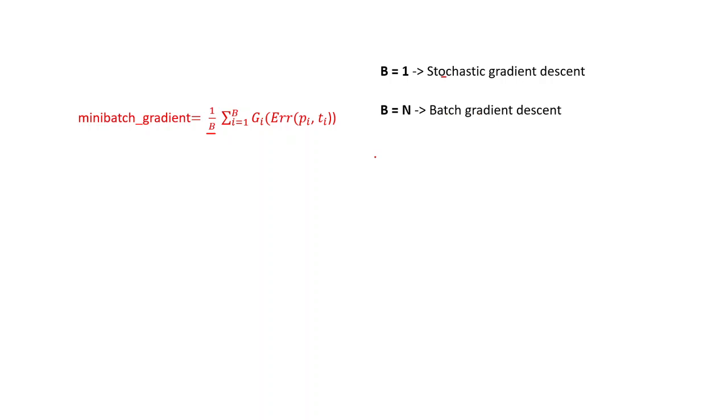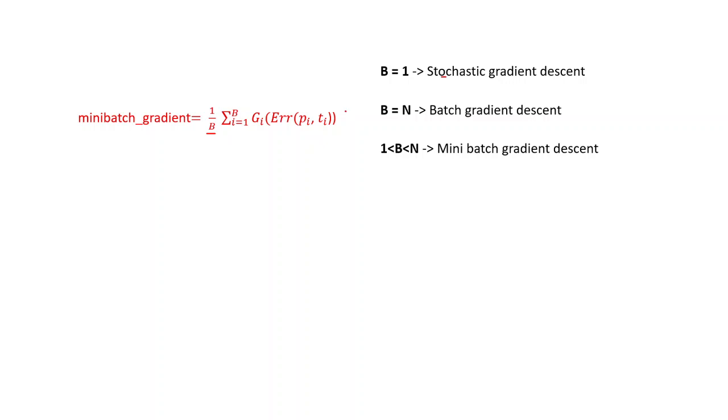When the value of B is equivalent to the number of examples in your data set, it becomes a batch gradient descent. And when the value of B is in between 1 and the number of examples, that is n, it becomes a mini batch gradient descent. So if you remember only this equation, you will be able to derive stochastic and batch gradient descent.